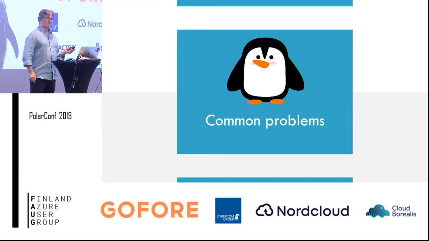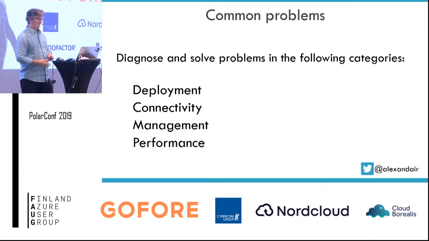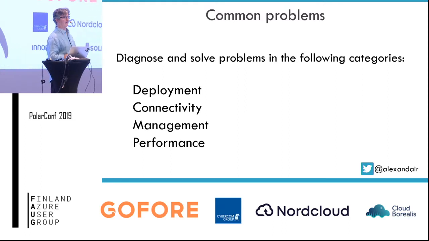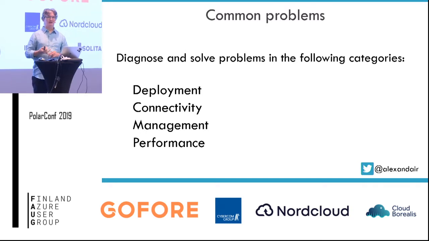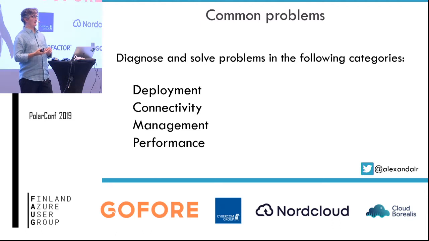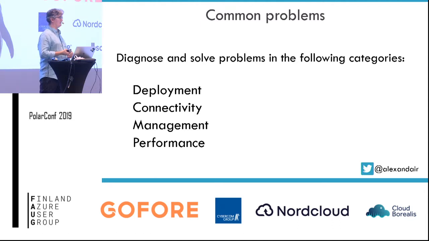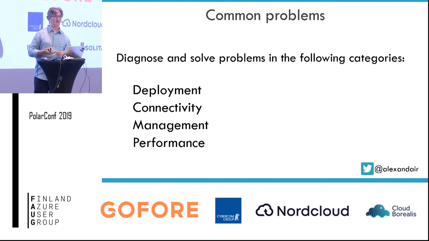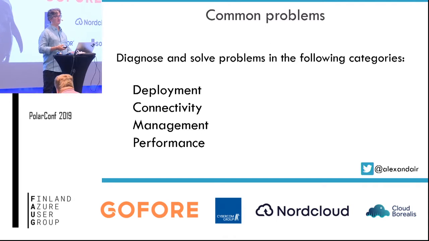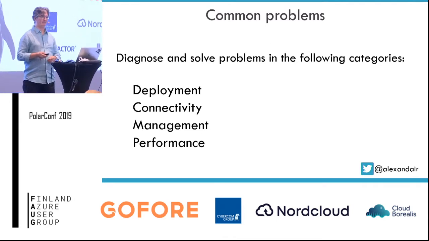So, common problems. We can put them in 4 categories. Problems that we can have during the initial deployment. Problems that we can have later with connectivity. Doesn't matter if it's a Windows VM or a Linux VM, we need sometimes to connect to them remotely with GUI access, sometimes just through scripts, but we need to have connectivity to them.